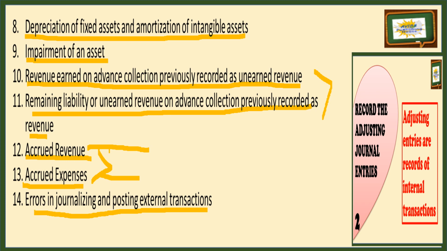Another type of adjustment is the setting up of estimates, calculating the possible amount of loss, expense, or reserve, such as the allowance for doubtful accounts or allowance for depreciation. The third one is the correction of errors in journalizing external transactions or neglect to record transactions.